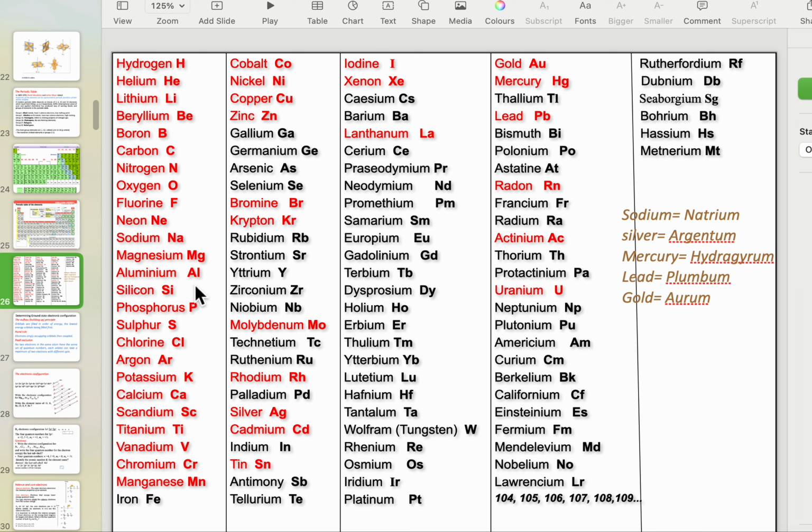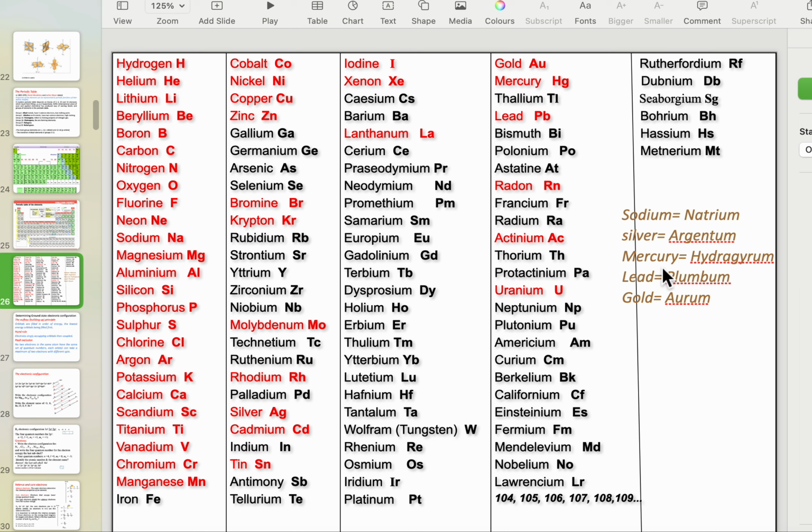Magnesium is okay, aluminum is okay, silicon, phosphorus, sulfur, chlorine, argon. But if we come to silver, it is written as Ag, from argentum, the Latin name of silver.